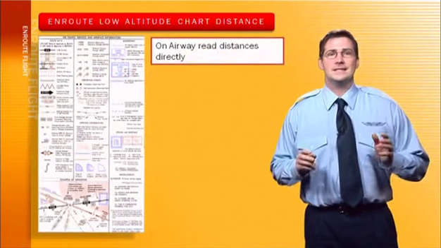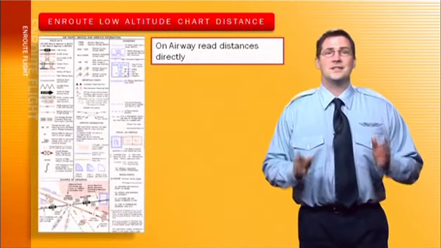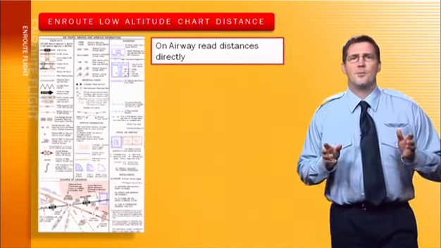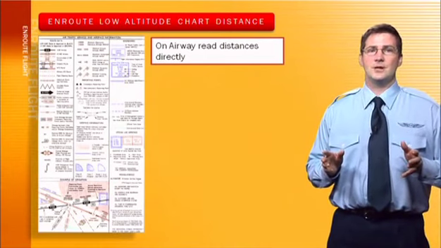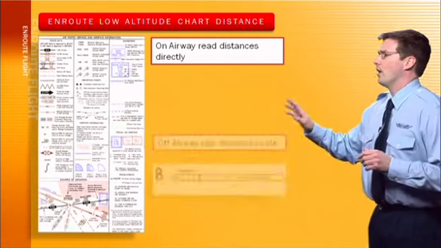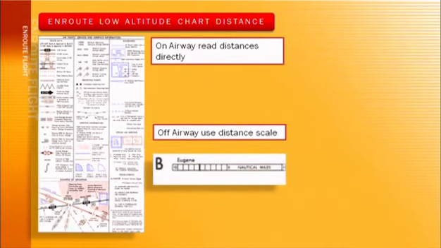Now let's talk about distances on airways. Distances are shown along each airway and are measured in nautical miles. While you're flying on an airway, you can directly read the distances. Now when you are off airways, use the scale provided on the bottom of the low altitude chart or a plotter made for IFR plotting.